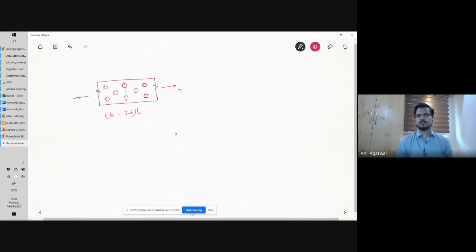When you do that, what happens is that the fracture path, because we are talking about net section rupture, may pass like this through the holes, or it may pass like this, or like this.